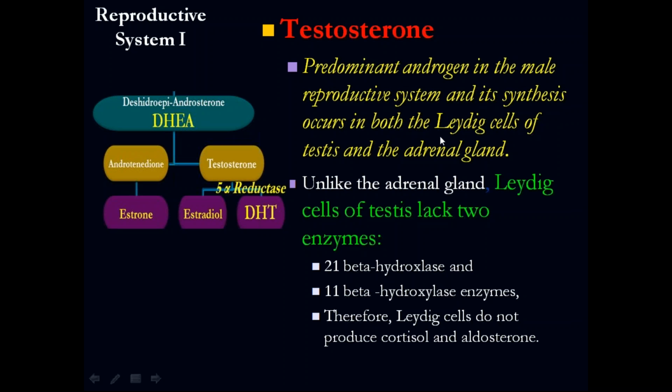Now, we also produce estrogens, and the one that produces estrogens is the adrenal gland. So as a male, the proportions of estrogens and testosterone are different. We have a lot of testosterone, but a little bit of estrogens. In the case of women, it's the opposite. They have more estrogens, but a little bit of testosterone.